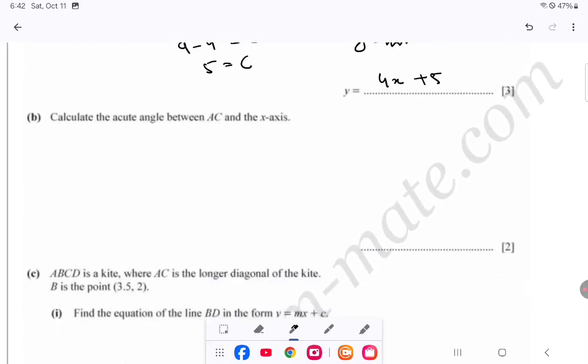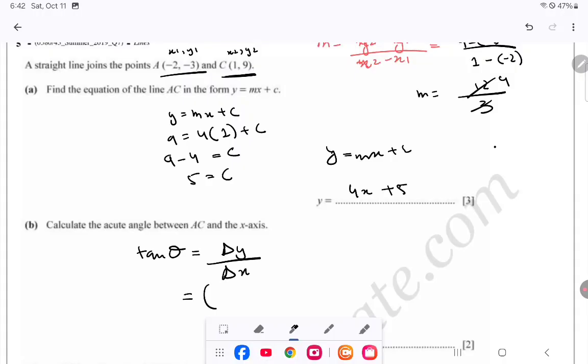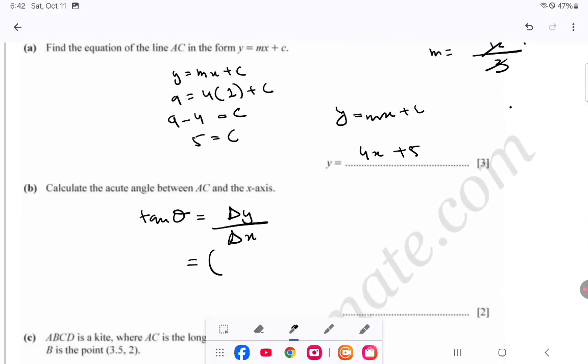Calculate the acute angle between the line AC and the x-axis. For the angle, tan theta is equal to change in y over change in x. This is again the slope formula, or we can say the gradient.